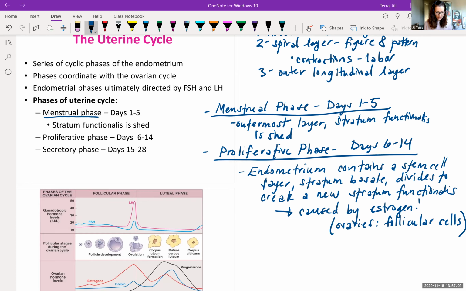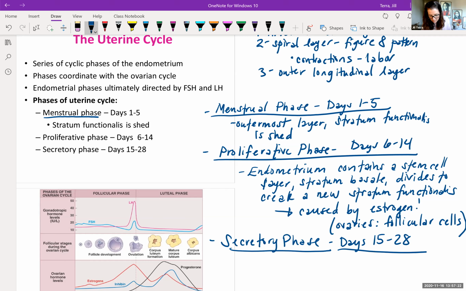Then that leads us to the third phase, where things are really bumping up, the secretory phase, which is days 15 through 28. Here it's basically further building and maintaining.